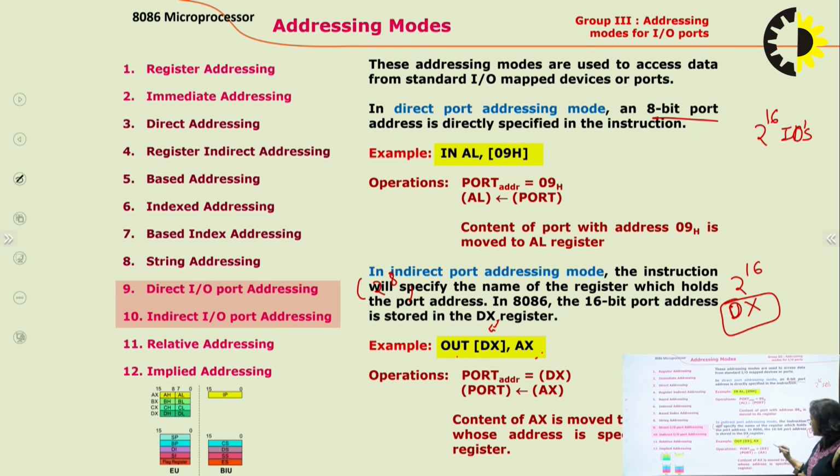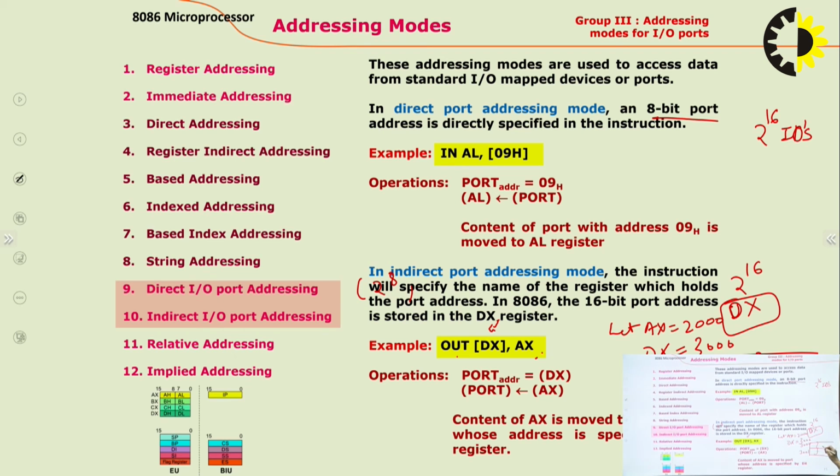So let AX is equal to 2000 and DX is equal to 3000. So 3000 is the memory address, IO address. The value of AX is copied to this address and address plus 1 location.